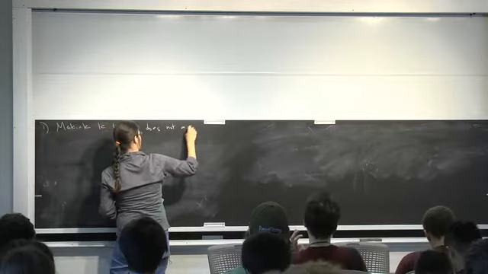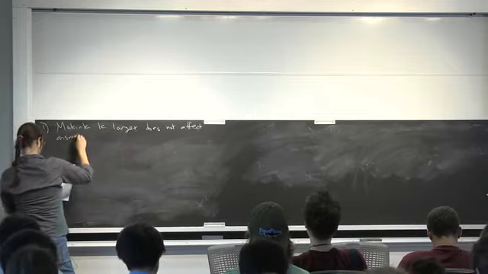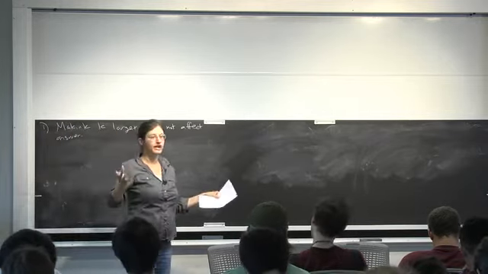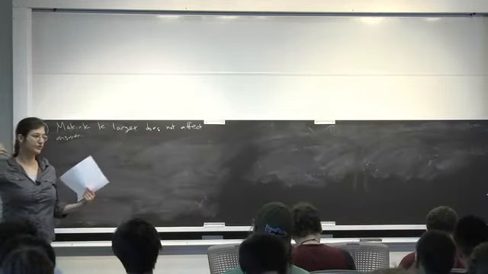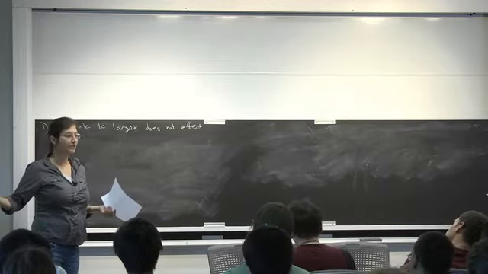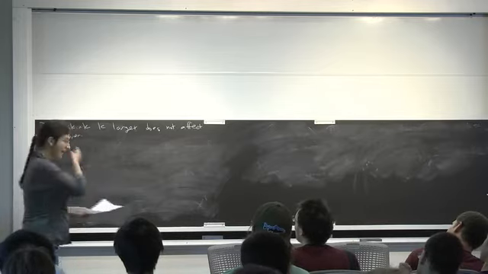So point 1, making k larger does not affect the answer. And the reason for this is that if you just increase k, so you have an embedding of M into R^(n+k), and it's like R^(n+4), but you messed up and you wrote down R^(n+500 million) instead, even though it doesn't touch the last bunch of coordinates.